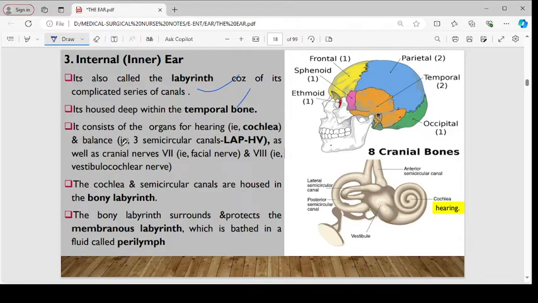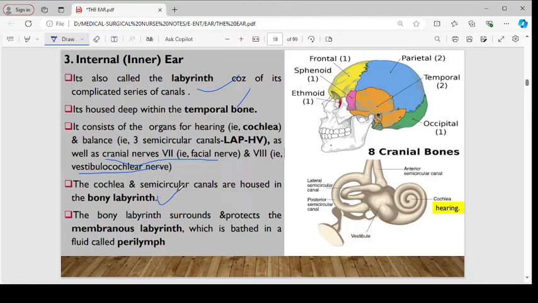The inner ear also has some cranial nerves, like cranial nerve 7, the facial nerve, and cranial nerve 8, the vestibulocochlear nerve. The cochlea and semicircular canals are housed in the bony labyrinth.